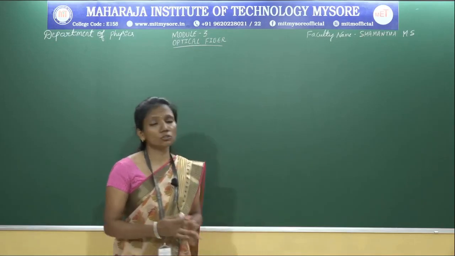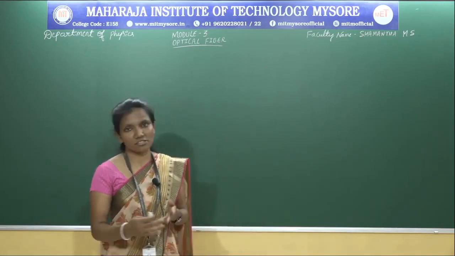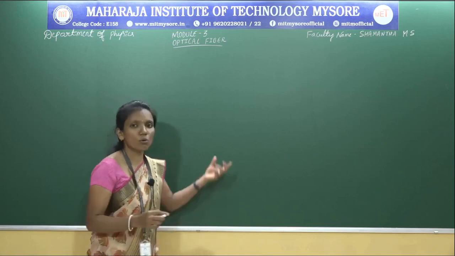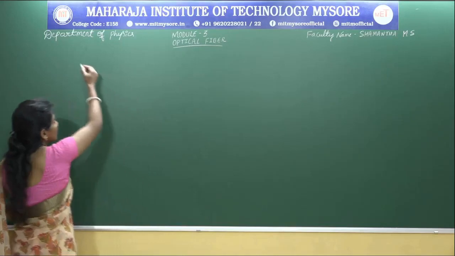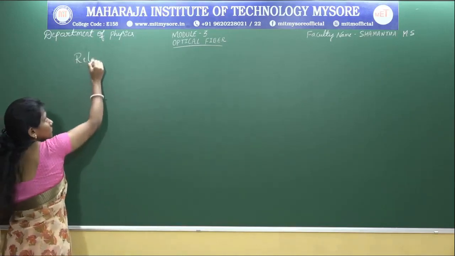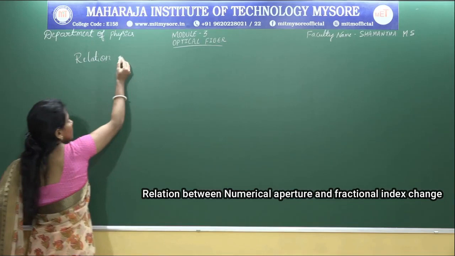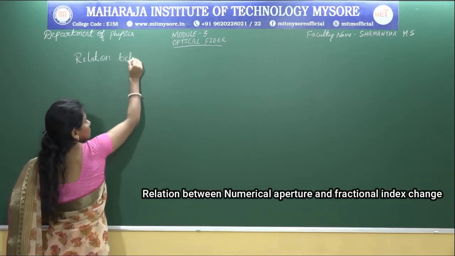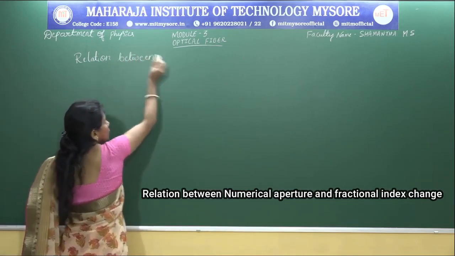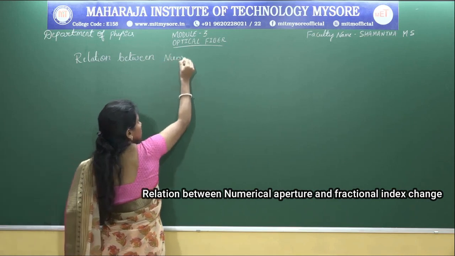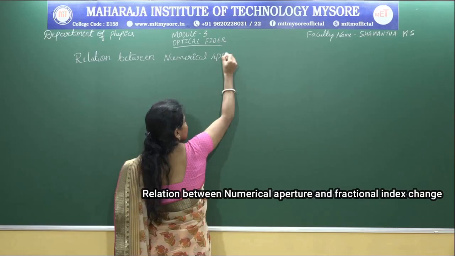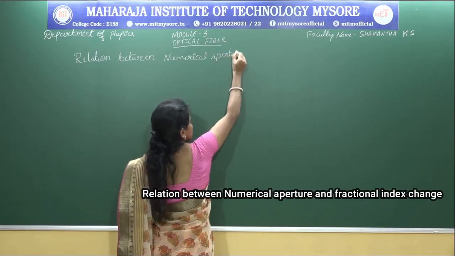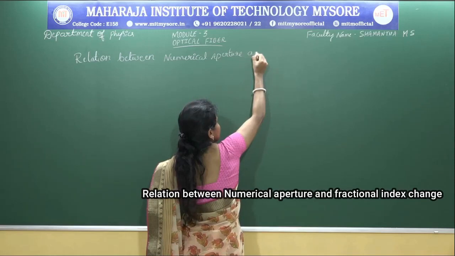So now, what is the relation between the numerical aperture and fractional index change? There is one small expression, which we will find out now. The relation between numerical aperture and fractional index change.